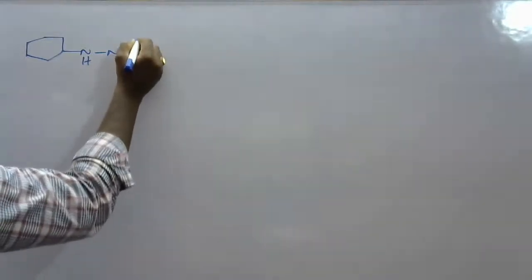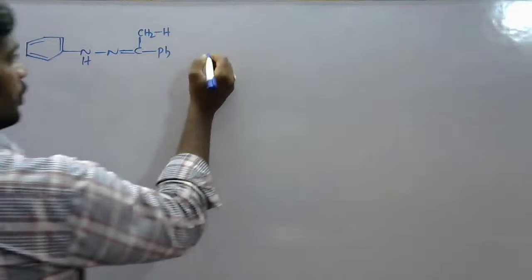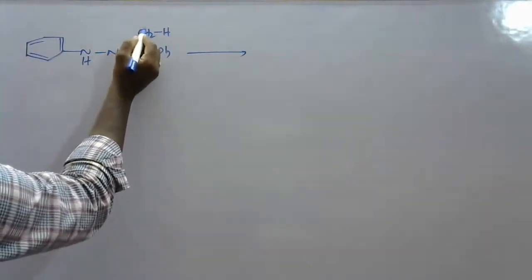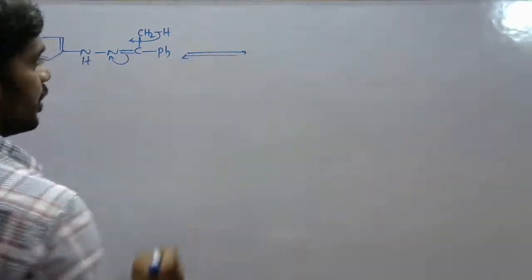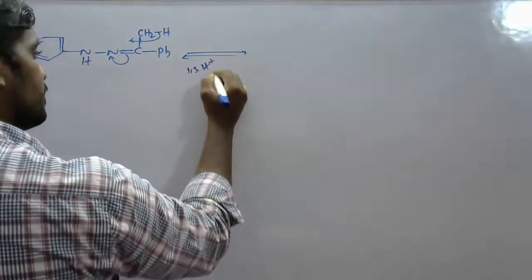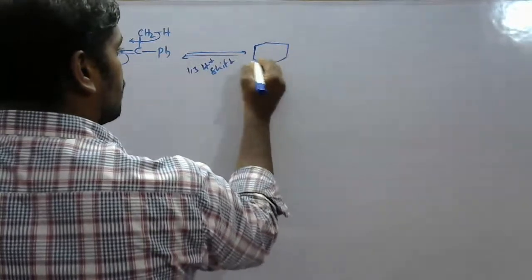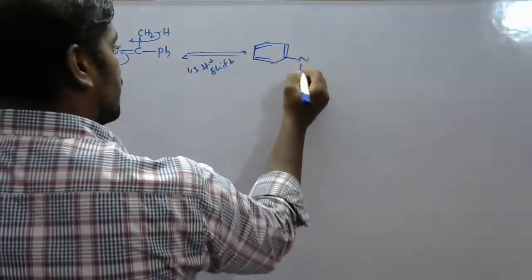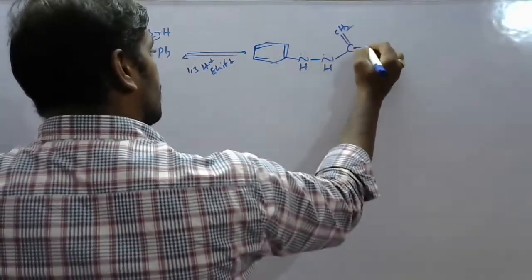The proton changes position from 1 to 3, a 1,3-H shift. The imine converts to an enamine: NH, NH, C double bond CH2, Ph.